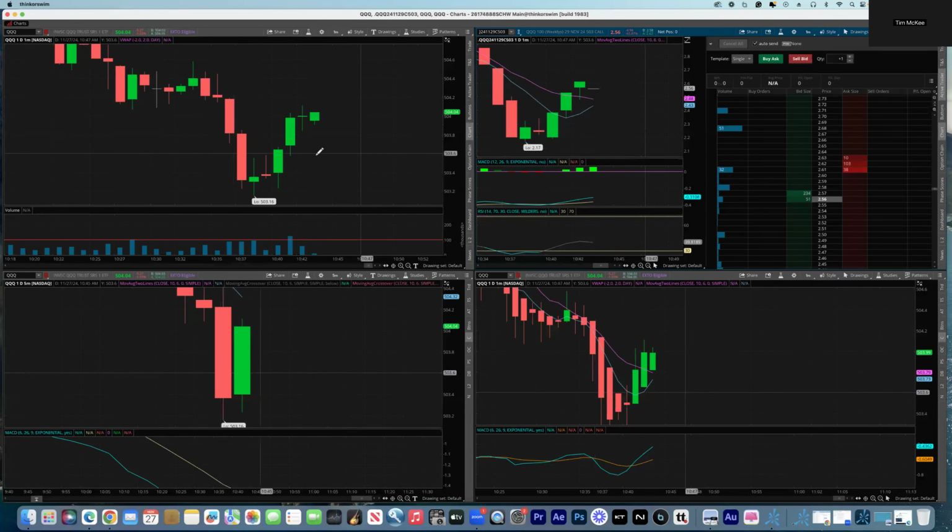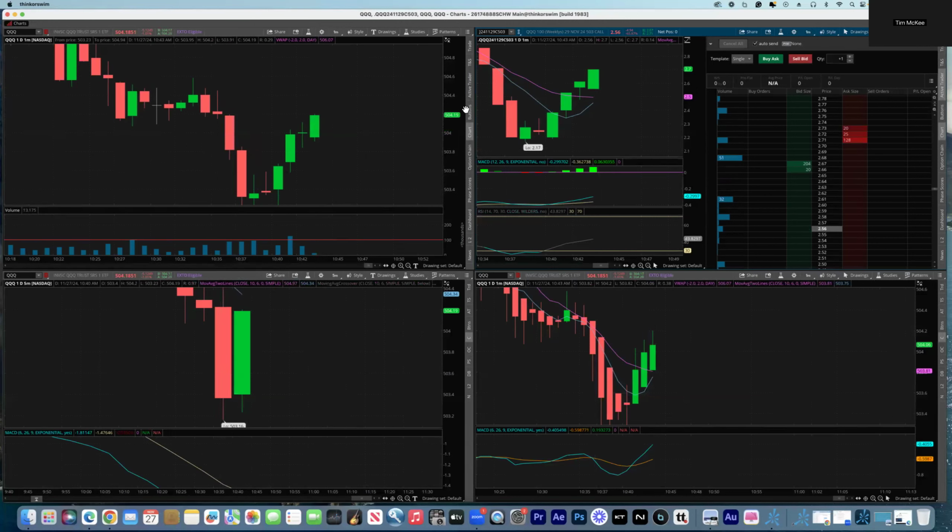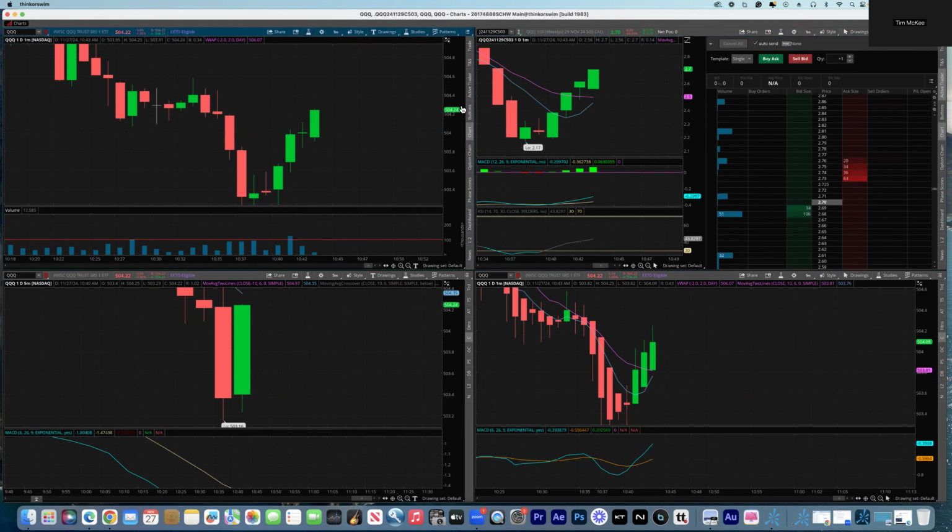Pretty good reversal compared to some of these other reversals. We'll see if it holds. We're still in a lower lows, lower highs type of pattern. Looking for another put scalp, possibly.